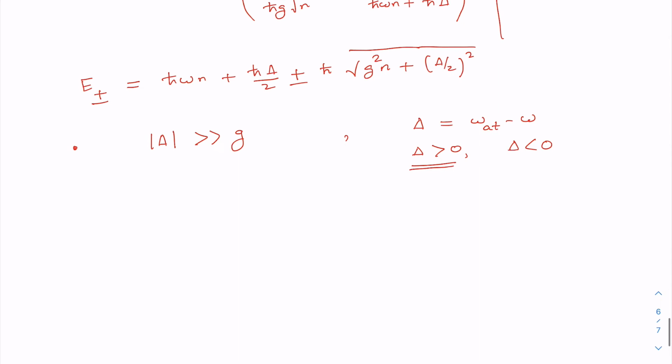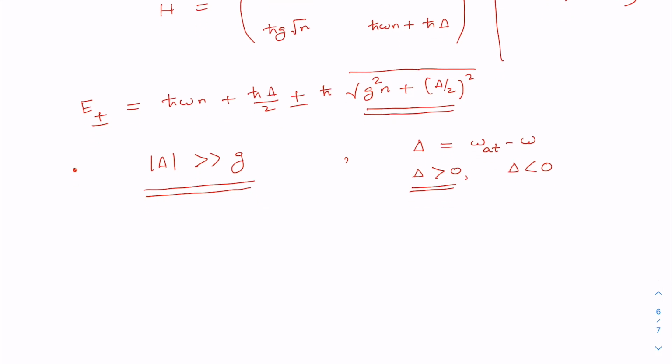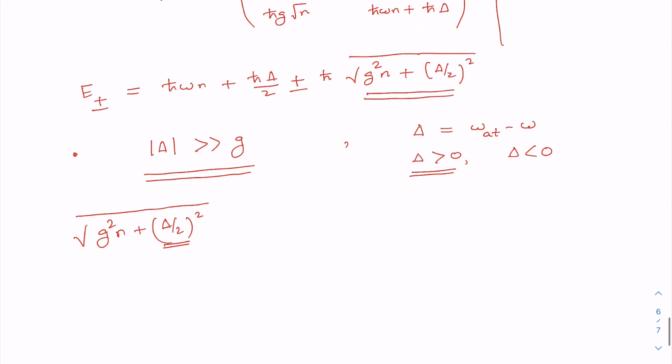So in this case, when the detuning is much greater than the coupling ζ, in that regime, let me expand this expression under the square root here. Let me just see how I can write it. ζ squared n versus (Δ by 2) whole square, because Δ is much larger than this quantity.